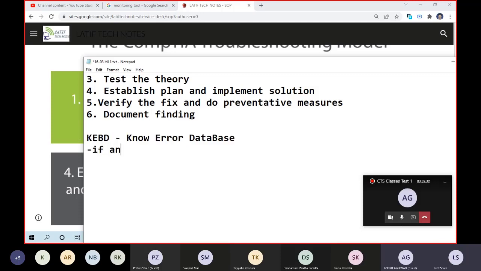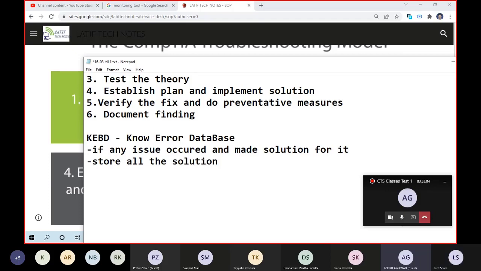If any issue occurs and a solution is made, right, means issues occurred, solution is done, and we store all the solutions based on issues.